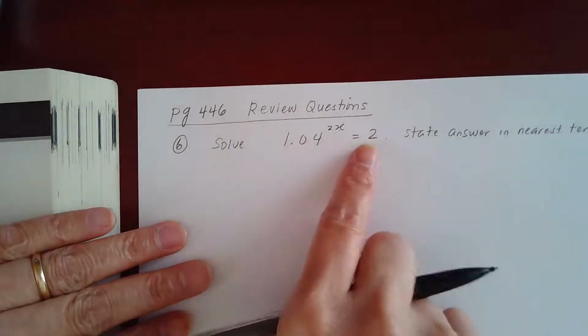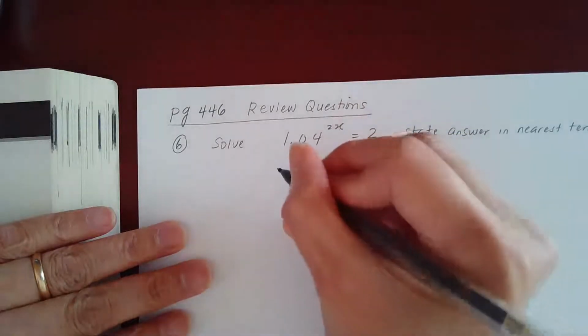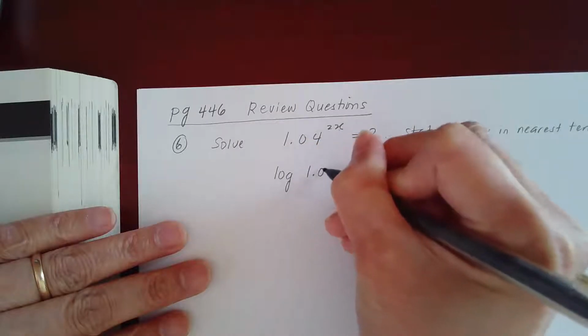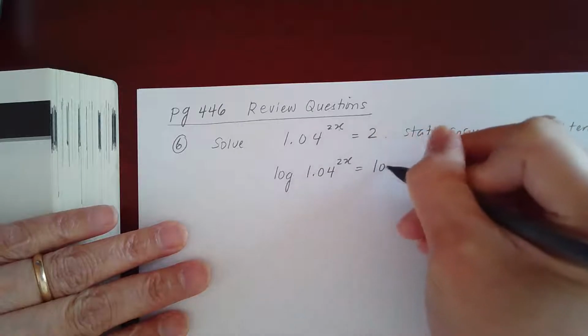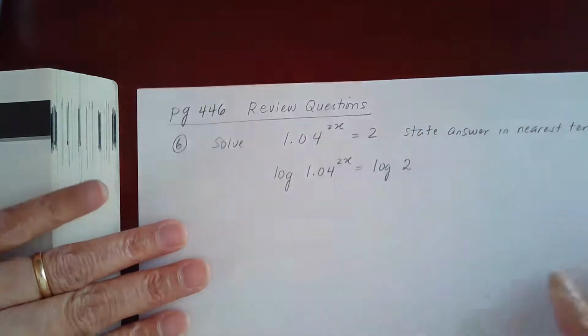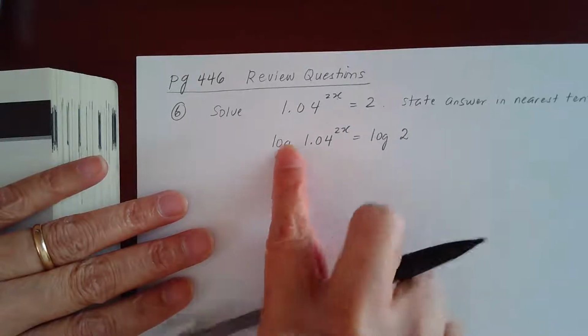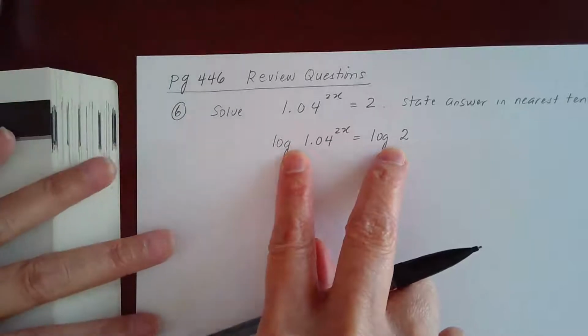So how do we go about this one? We're going to take the logarithm of each side of the equation. So 1.04 to the 2x equals log of 2. Because we're using log, we understand the base we're operating on is base 10, and that's okay.